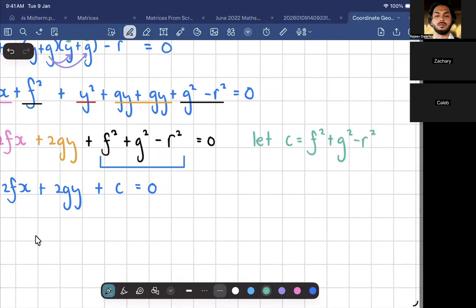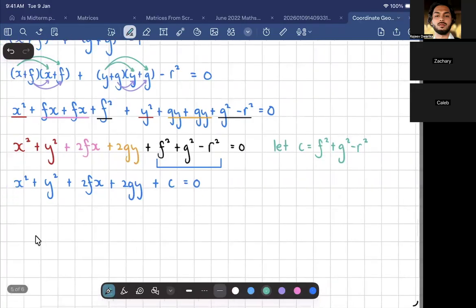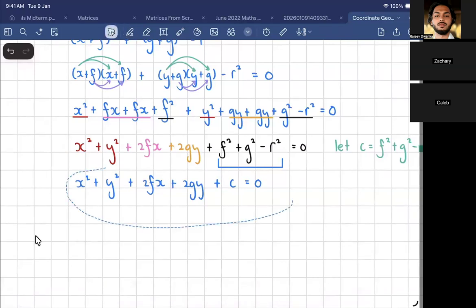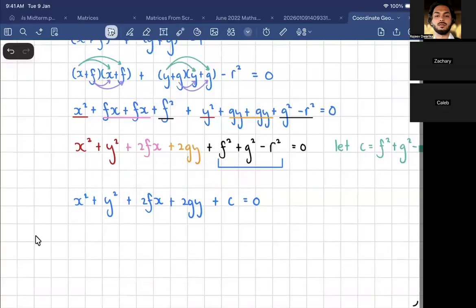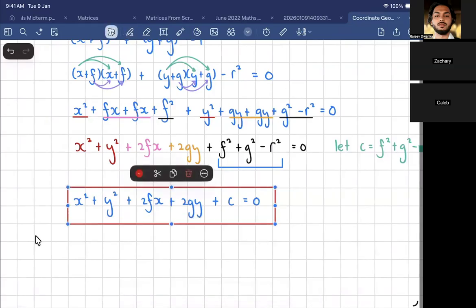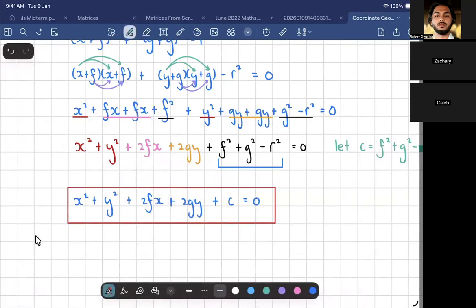Instead of writing f squared, g squared, and minus r squared, you just write C. Now, isn't this the general form? Yes, this is the general form, so we should be happy. But there's more. There's some mind-blowing stuff. We just proved the general form.